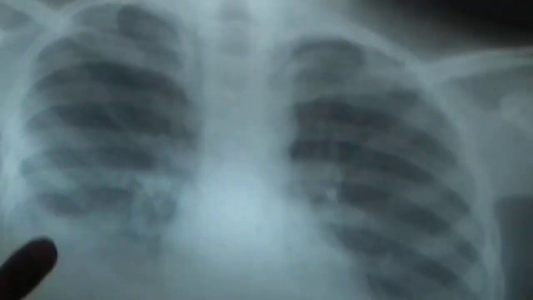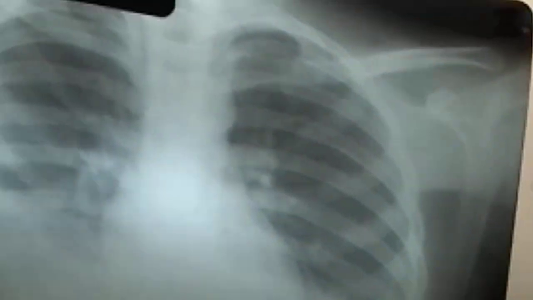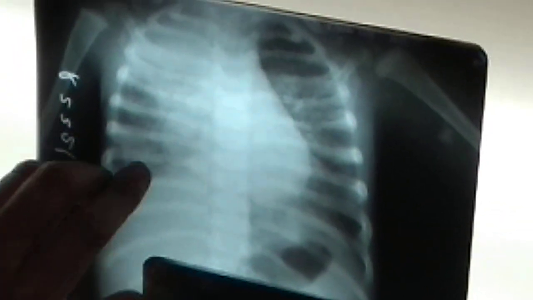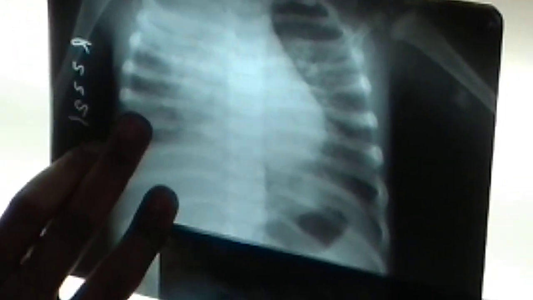See, this is homogeneous. Non-homogeneous means we will have interspersed translucent bands. Here you have to see the translucency. What are the translucent bands? Because of air bronchogram.